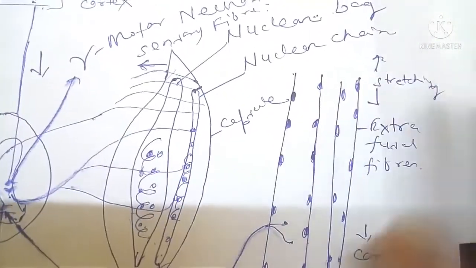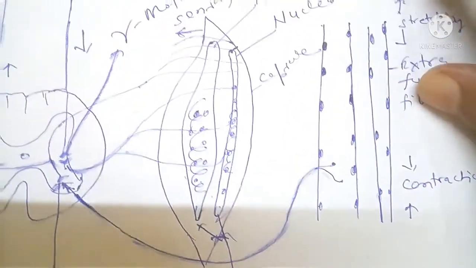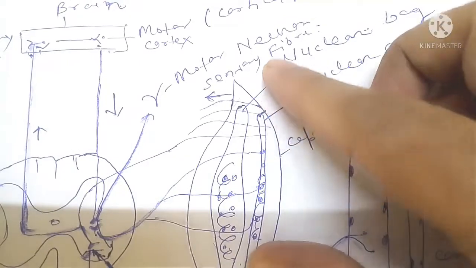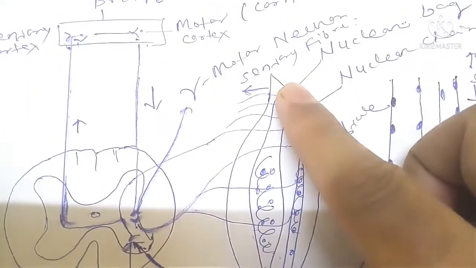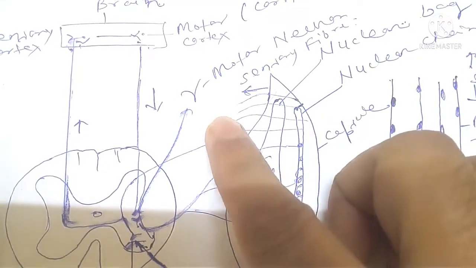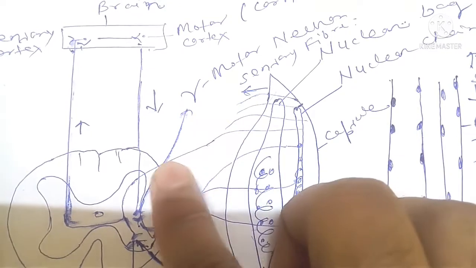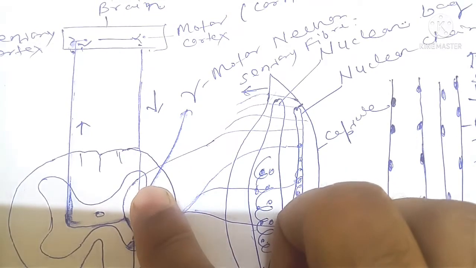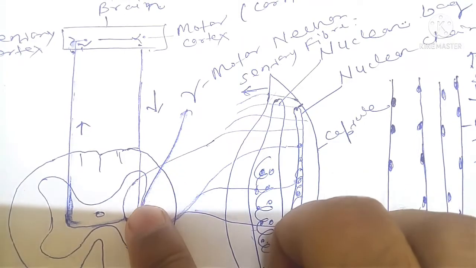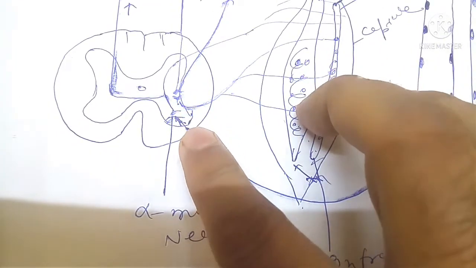First there is stretching of the extrafusal fibers, and then stretching of the intrafusal fibers. Then the sensory neurons are activated, and from the sensory neuron the nerve impulses pass towards the anterior horn cell of the spinal cord, where a synapse occurs with the alpha motor neuron.